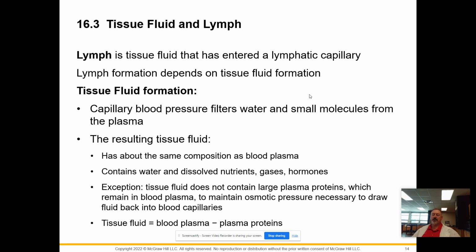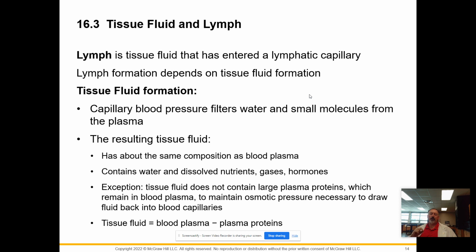What is lymph? Any fluid that's going to enter into a lymphatic capillary is going to be called lymph. So when it's in that lacteal, it's lymph. So what would cause something to actually go into the lymphatic capillary? Capillary blood pressure filters water and small molecules from the plasma.